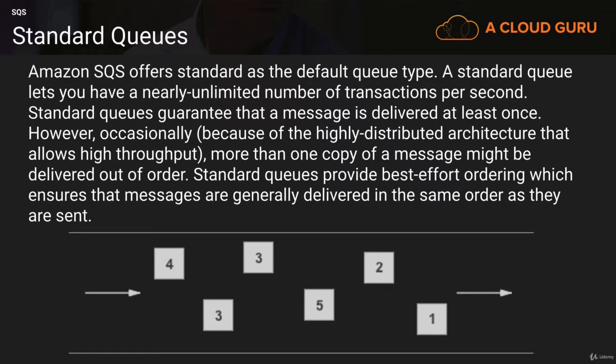They guarantee that the messages are delivered at least once. However, occasionally, because of the highly distributed architecture that allows high throughput, more than one copy of the message might be delivered out of order. So standard queues don't have any kind of order to them. They provide best effort ordering, which ensures that messages are generally delivered in the same order as they are sent, but it can't be guaranteed.